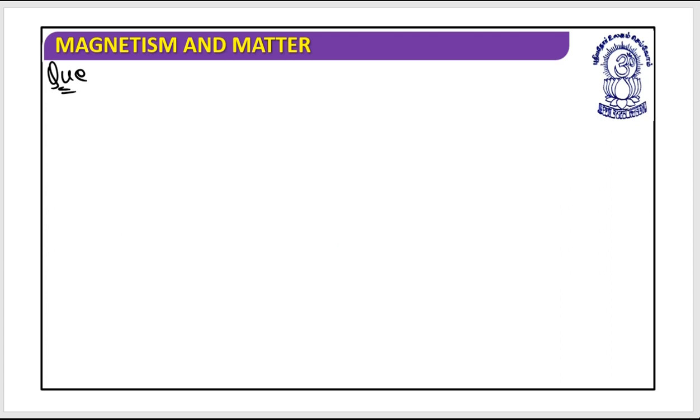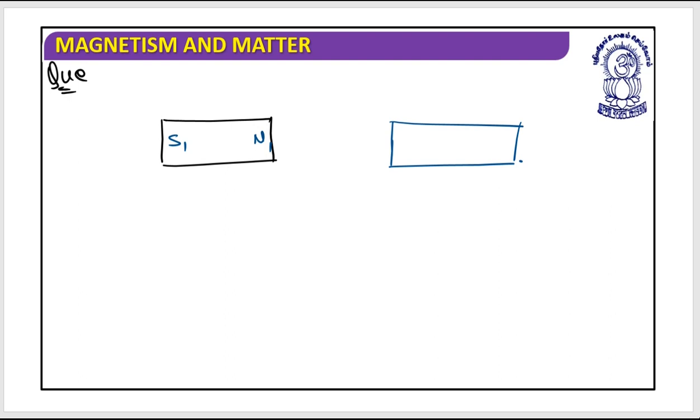Let's suppose we have this as south pole, this is north pole. Let's write it as 1 and 1. And this is north pole, this is south pole. This is the first and this is the second magnet.